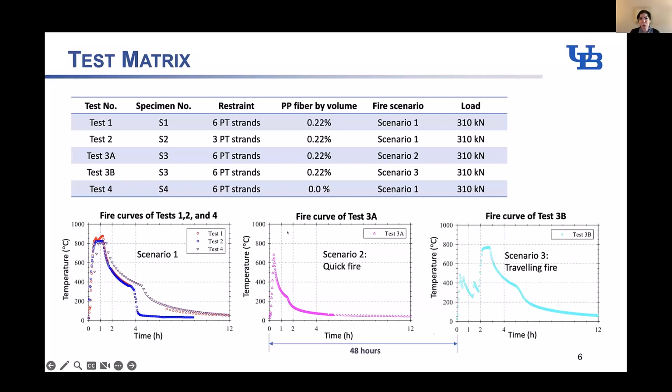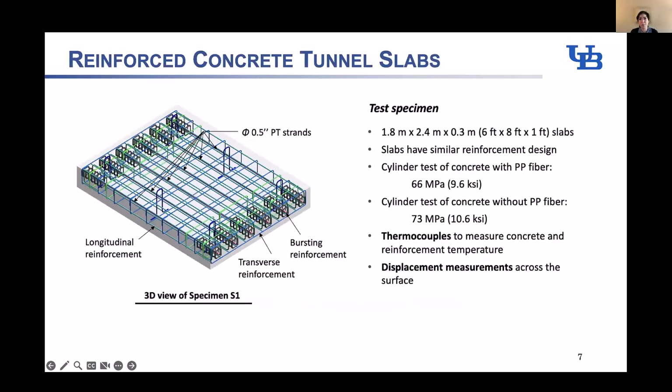Considering the time, I'm not going to show the results for all of them. I will only show test 1 and 3A, where you have actually differences in temperature. This one didn't get exposed to high temperatures. Okay, this is the specimen. These specimens were designed and constructed using similar reinforcement design and similar to realistic as much as we could to tunnel sections.